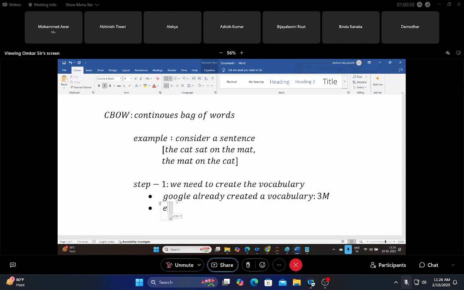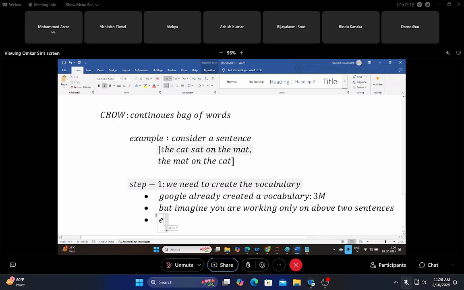But imagine you are working only on about 2 sentences, so you are doing fine tuning. Now, how much is the vocabulary? 1, 2, 3, 4, 5.